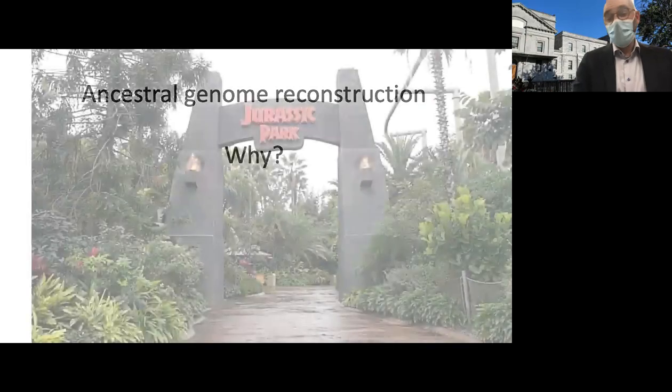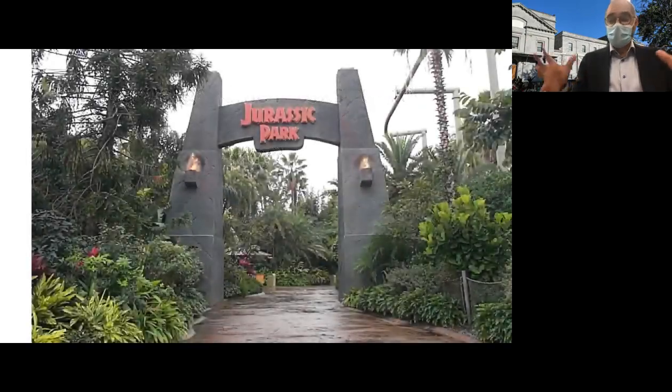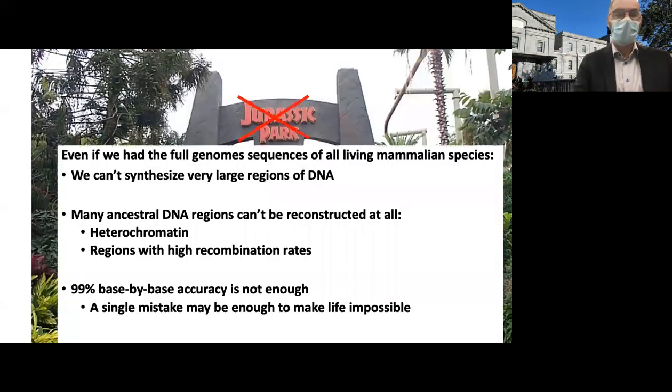Well, the point is certainly not that we're going to take those genomes and try to recreate living organisms from them. And there are lots of reasons why this would not work. The most damning one is that even if we're super accurate in our reconstructions, there will still be a large number of errors in there, so damning that no living organism would be able to be created from that.